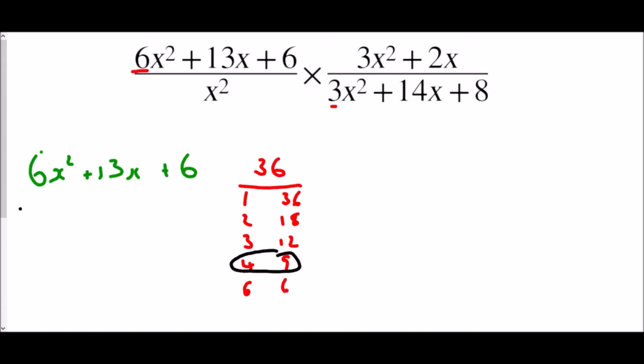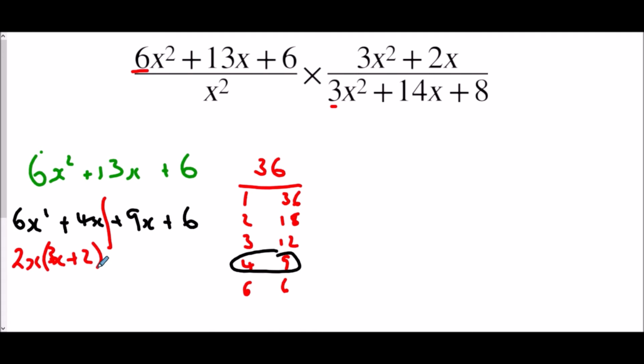So let's now rewrite this as 6x squared plus 4x plus 9x plus 6. Well, let's split it and let's factorise the first piece. Well, that's going to be 2x brackets 3x plus 2.